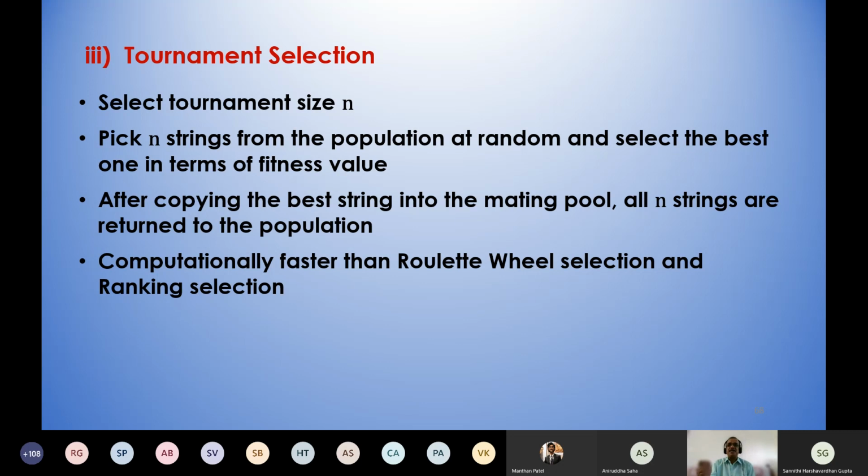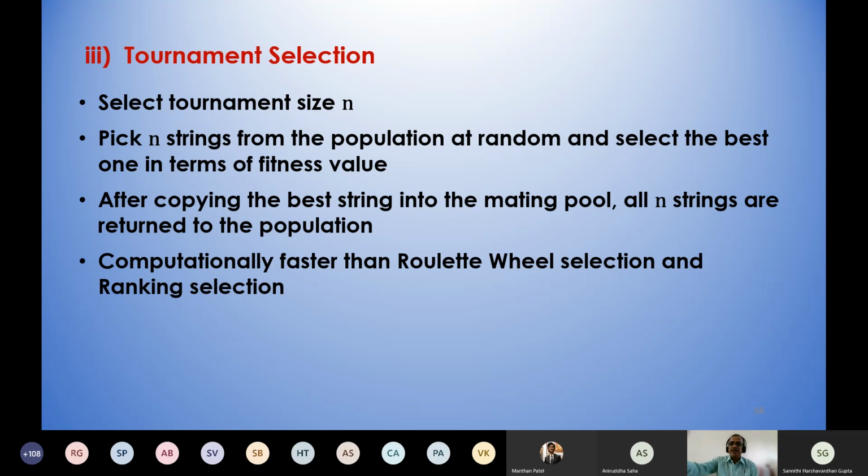As it is a maximization problem, out of the 3 fitness values, I'll try to find out the string having the maximum fitness. The string which is having the maximum fitness out of these 3, I'll be directly copying it in the mating pool.